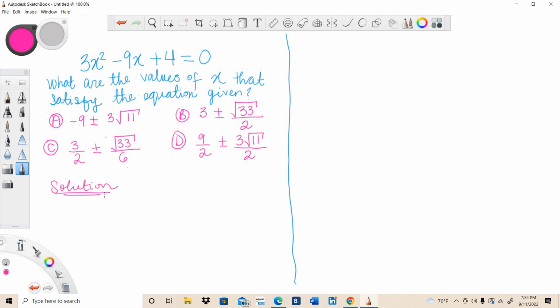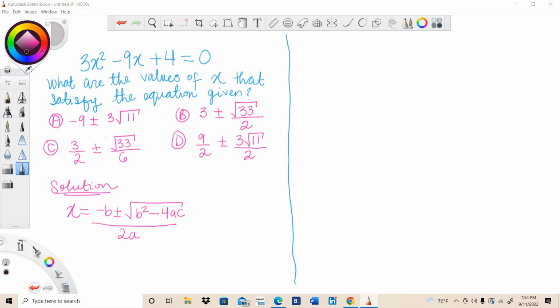We first of all write out the quadratic formula, so that will be x equals negative b plus or minus the square root of b squared minus 4ac, over 2a. And now we know that since this is a quadratic formula, we have to determine the value of a, the value of b, and the value of c, and then substitute those values into the equation.